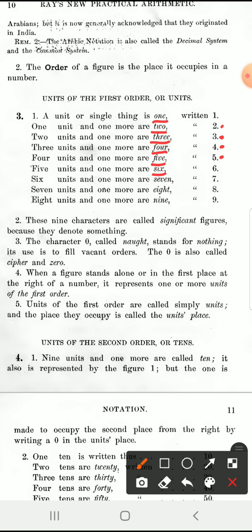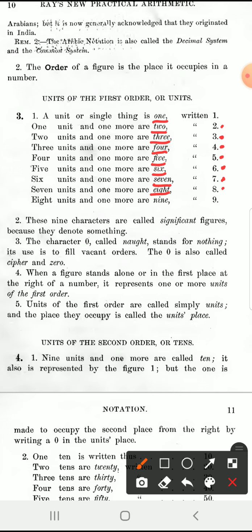And in the Arabic system, it's written with the figure we call 6. 6 units and 1 more is named 7, S-E-V-E-N, 7, and is written with the figure we call 7 in Arabic notation. 7 units and 1 more are called 8, E-I-G-H-T. 8.